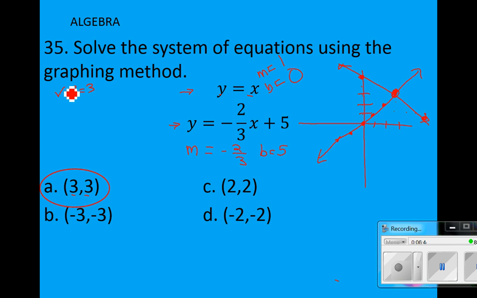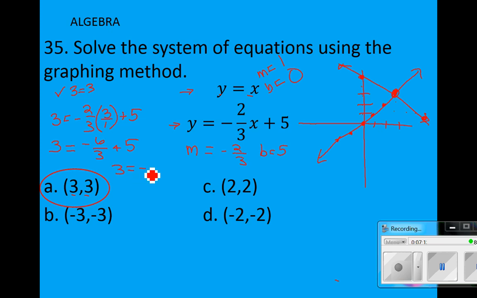You did this in the first assignment in the Unit 7 homework folder. Then I'm going to try it with the other equation. 3 equals negative 2 over 3 times 3 plus 5. I have a fraction, so I'm going to put a 1 under it. 3 equals negative 6 over 3 plus 5.